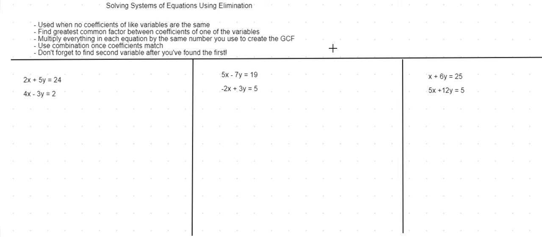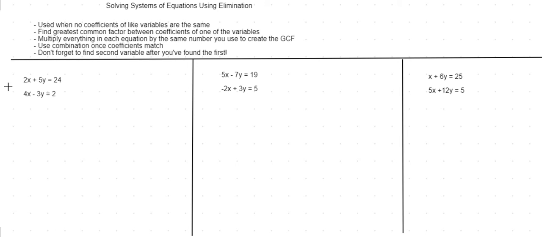So let's take a look at three different types of equations that you may encounter when you're going to be using this method. So the first type is where you take a look at the variables, and let's look at the variables in this equation right here. You have a 2x, a 5y, then you got a 4x, and a negative 3y in the second equation.